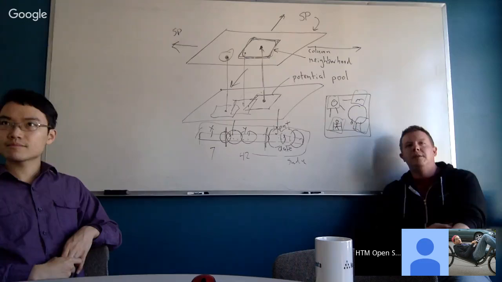So, a question. What makes the inhibition scheme local as opposed to global?